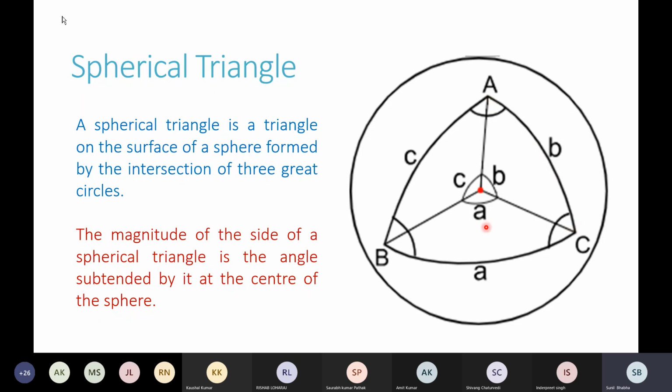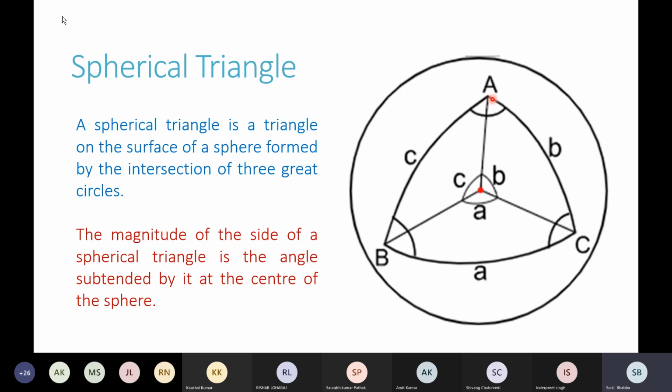Now the angle opposite to this side is angle B. So you can also represent this side with small letter b. So in a spherical triangle, all these 6 parts, that is the 3 angles as well as the 3 sides, are measured in units of angles only. We do not measure the sides of the spherical triangle in units of length. They are all measured as angles.